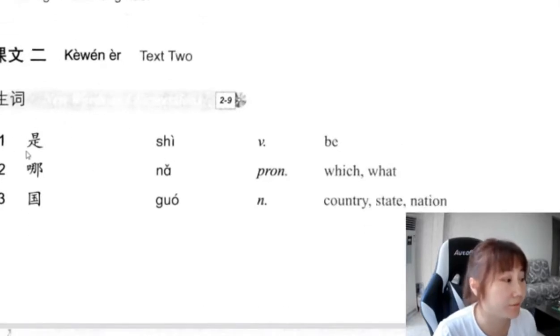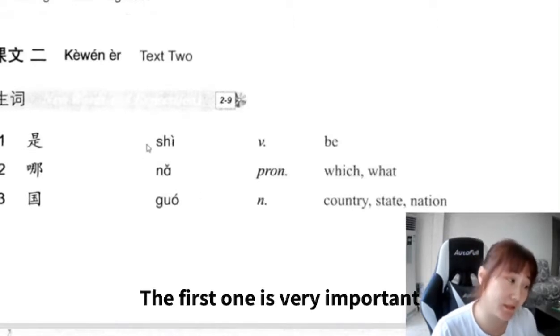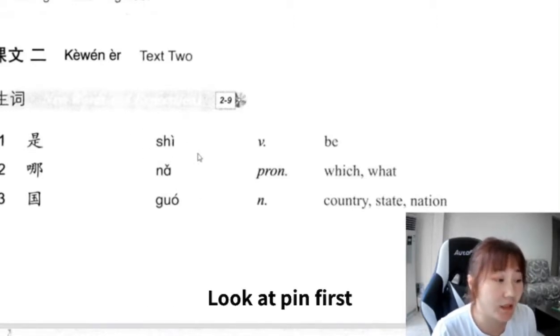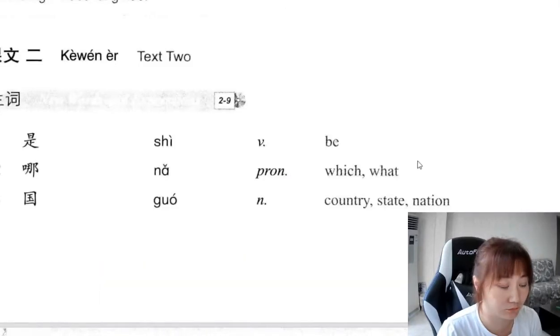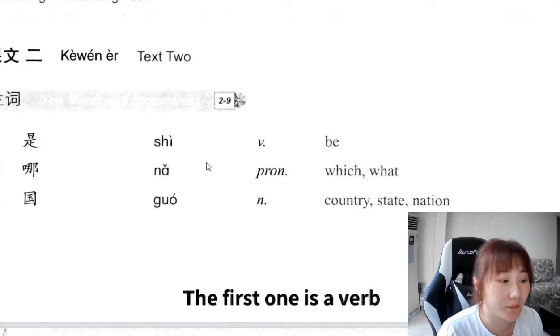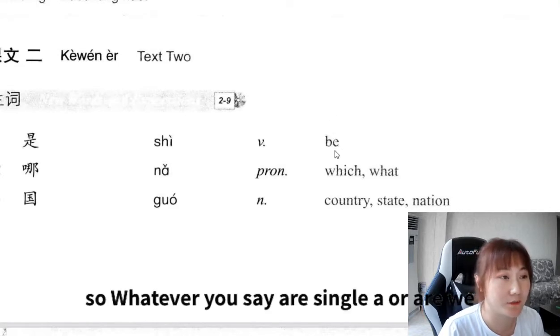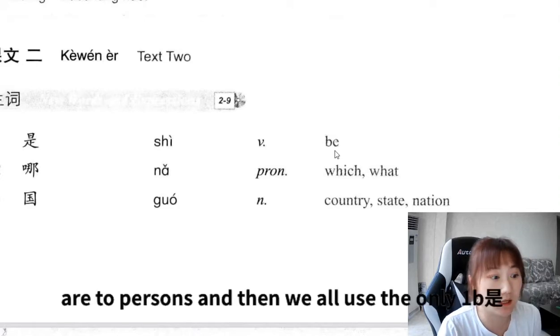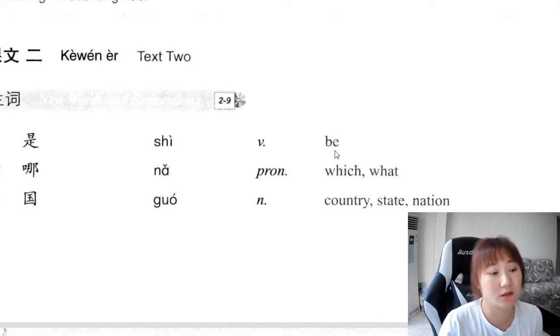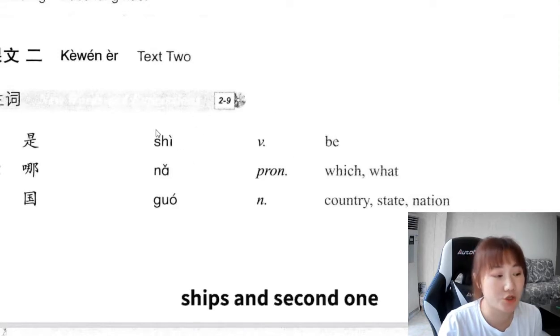The vocabulary. The first one is very important. Look at pinyin first. The first one is a verb. 是. It means be. So whether you say singular or we or two persons, we all use only one be, the verb 是.